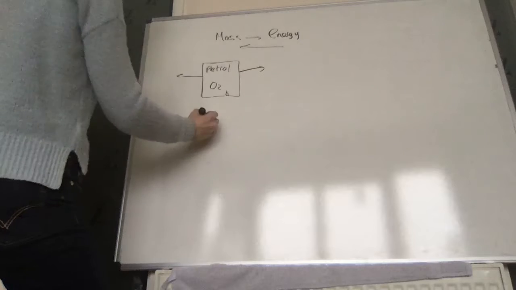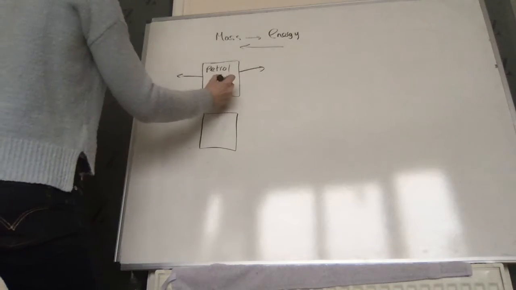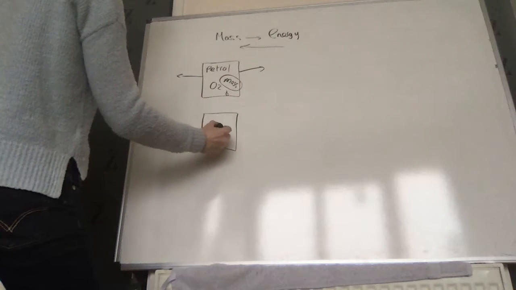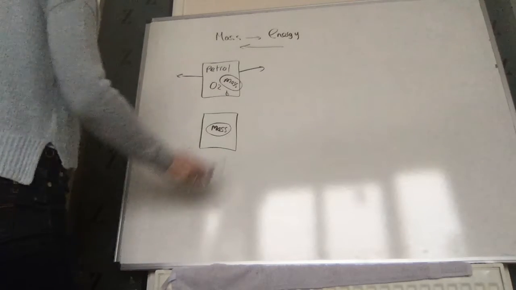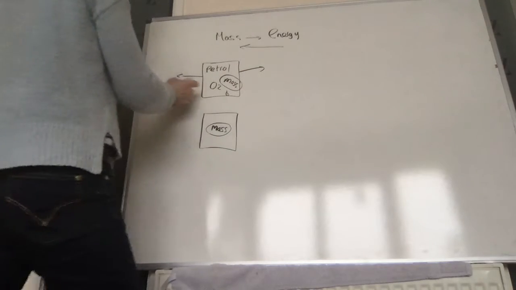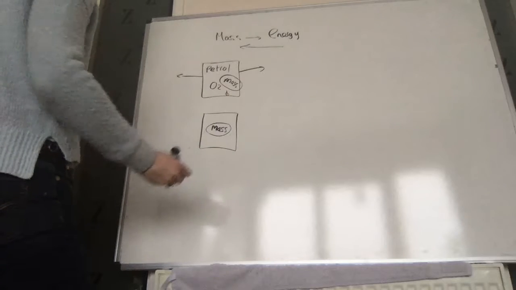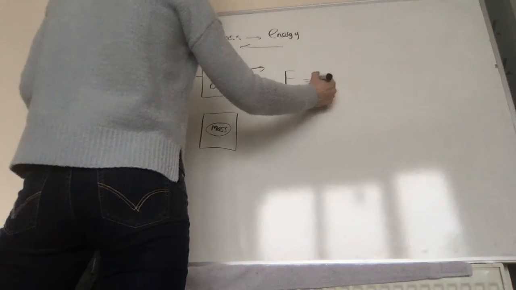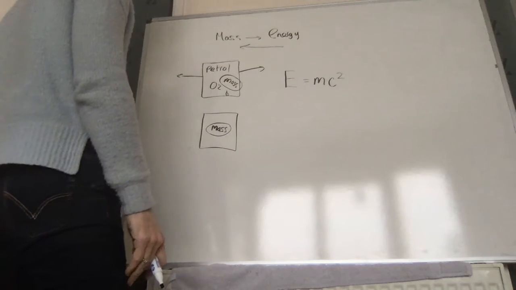This then is allowed to cool down, and if you measure the mass before versus the mass afterwards, there is a tiny change in mass, and that tiny change in mass is equivalent to the amount of energy that has been released. So the formula that equates mass to energy is E equals mc squared, the famous Einstein equation.